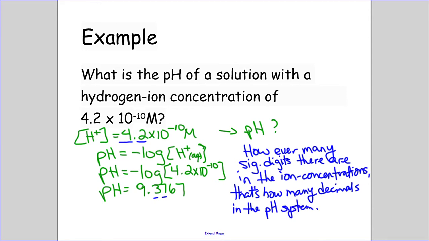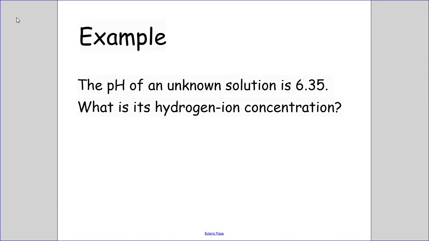So however many significant digits there would be in the ion concentration, that's how many decimal places we're going to have. So really my final answer here, with the right amount of significant digits, is 9.38. That's our pH. That one is new, and it'll take you a second to wrap your head around it, but you will have a chance to practice a bit too.